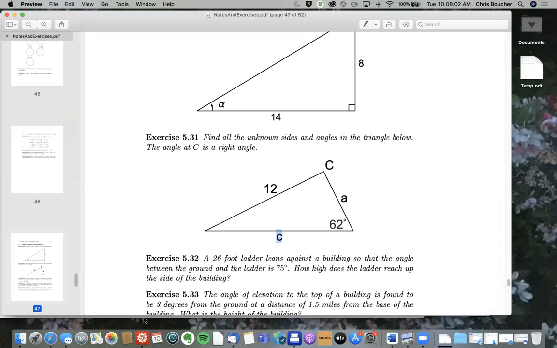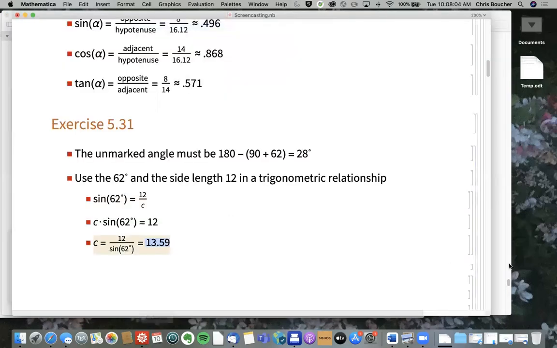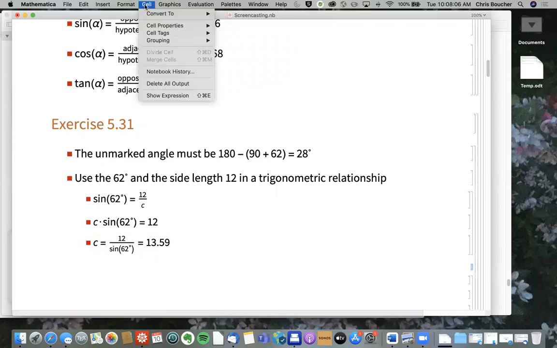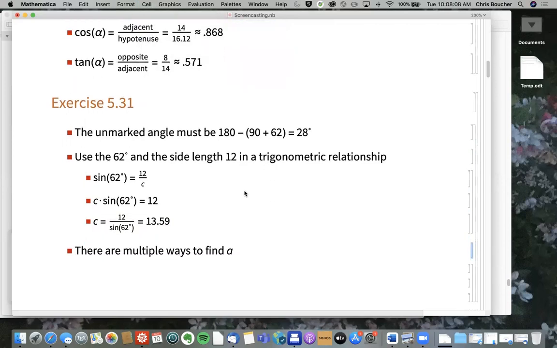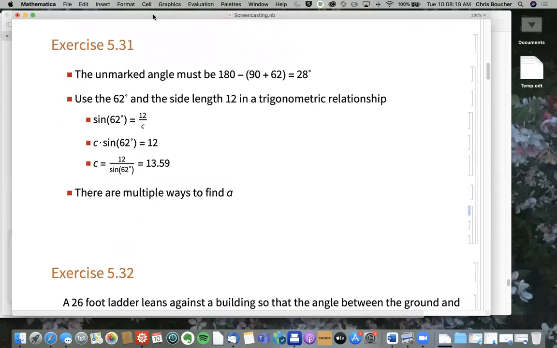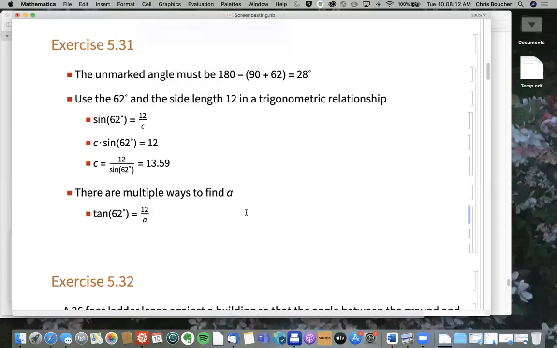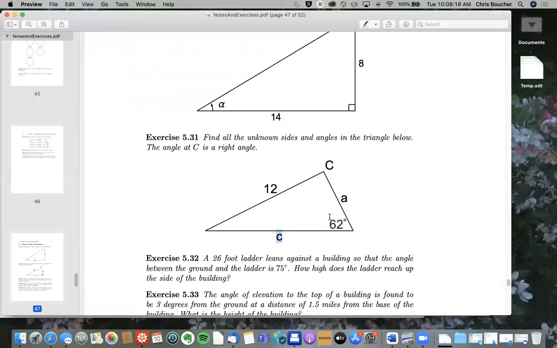And again, there are multiple ways to do this. Let's see which way I decided to do in these notes here. One way is to use the tangent function, right? So if I again focus on 62 degrees, the tangent of this will be opposite over adjacent. The opposite side is 12, we said that before. The adjacent side will be A, right? C is the hypotenuse, so that's neither opposite nor adjacent.